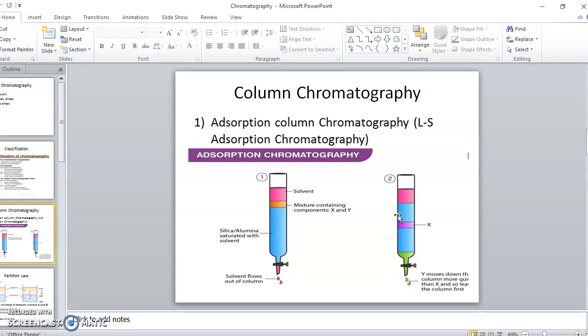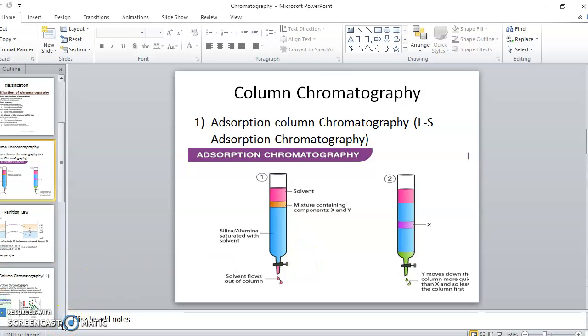So again you take another solvent and pass it so that Y also gets dissolved in that solvent, only Y. That process is known as elution, and the solvent used is called eluent. So that's about adsorption column chromatography.